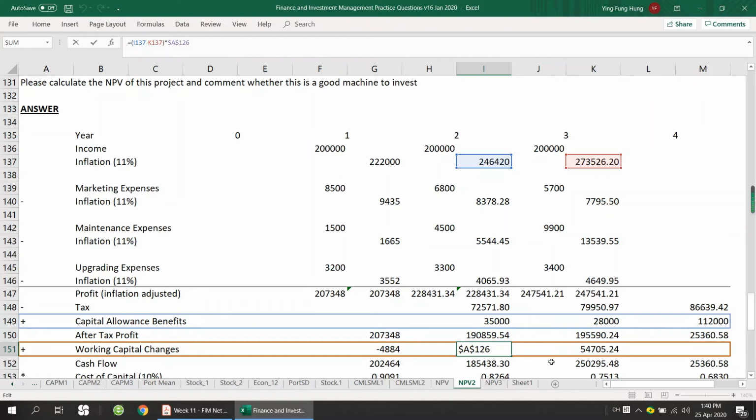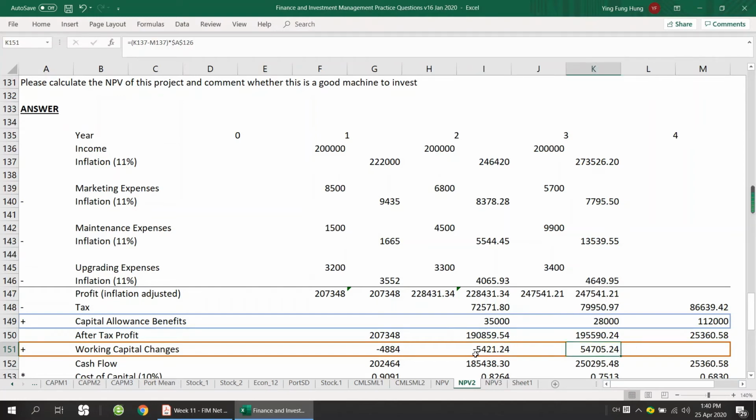And if we do that, this will give us a working capital change of negative 4.42124 thousand. Once again, this is a negative figure because we have to prepare more cash. It is a cash outflow as there is an increase in sales.